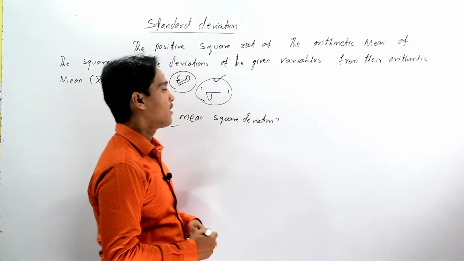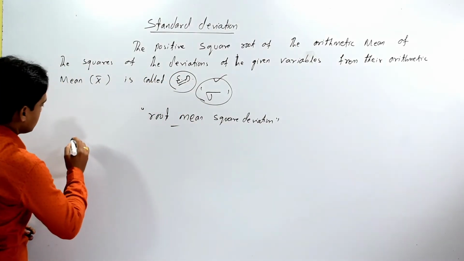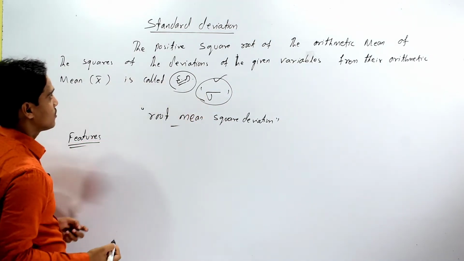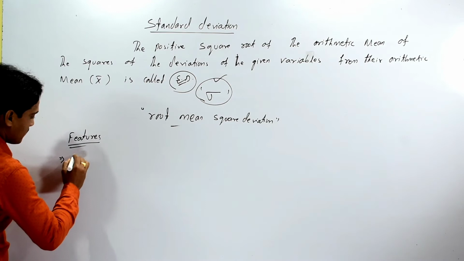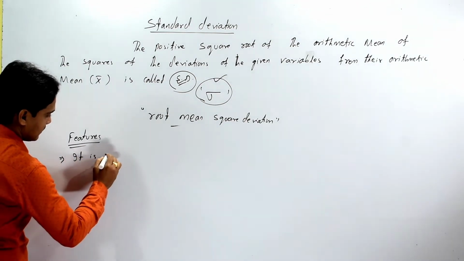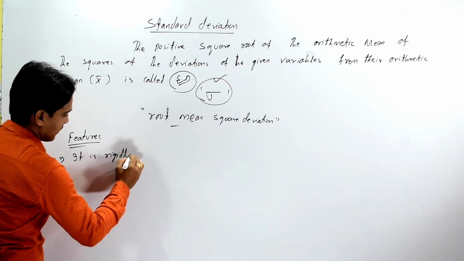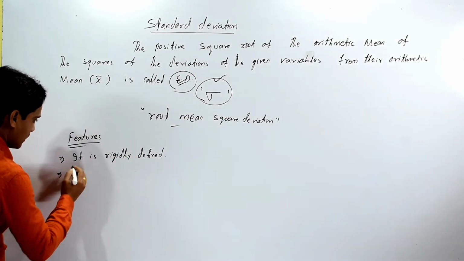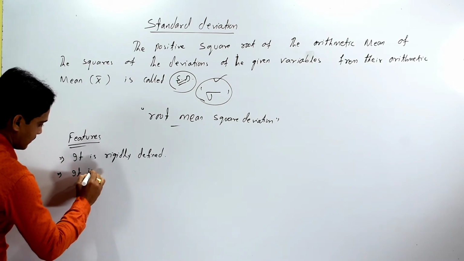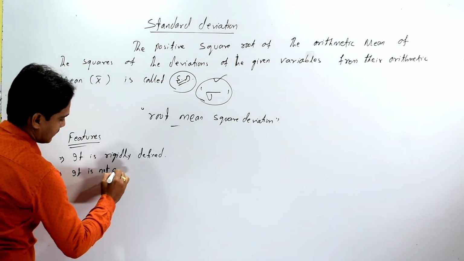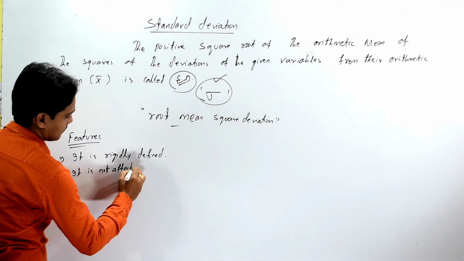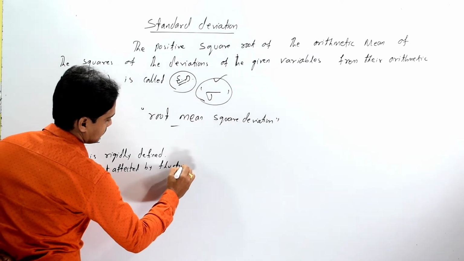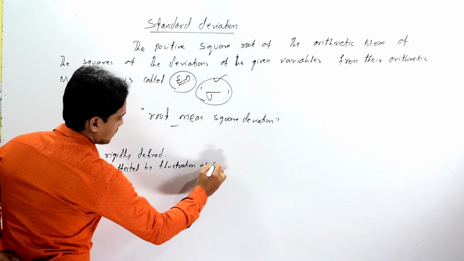Now come to the various features of standard deviation. Its features are: it is rigidly defined. Next feature, it is not affected by fluctuation of sampling.